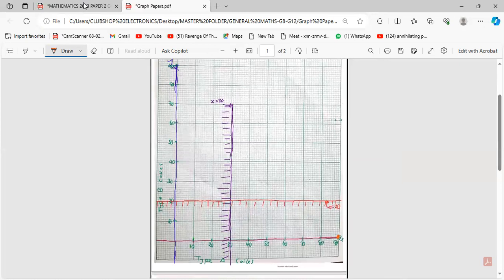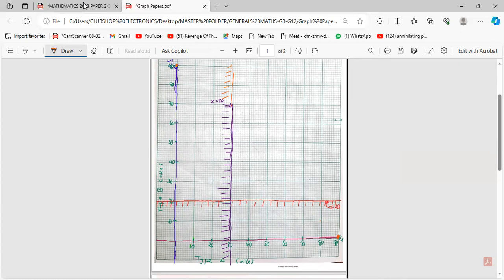And this has to go all the way up to here. Then you join, right? So use your ruler and you join.